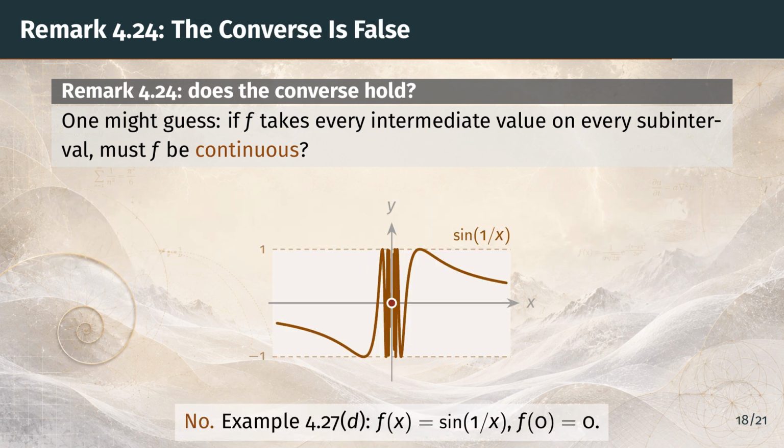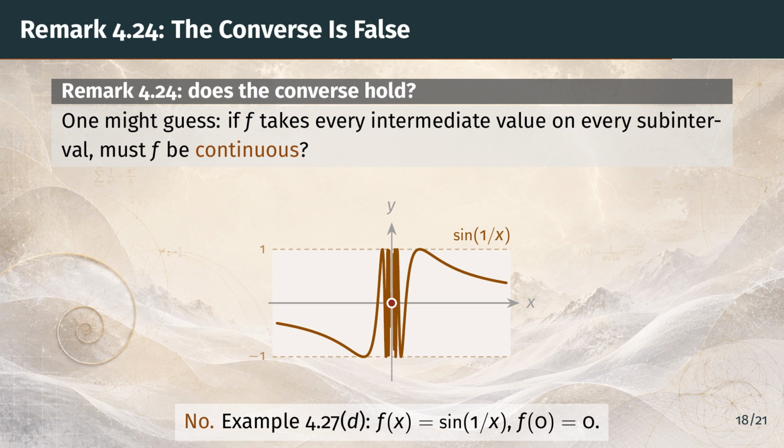The answer is no, and the counterexample is a function we will meet again. Example 4.27 Part D. Define f of x to be the sine of 1 over x away from the origin, and 0 at the origin. As the picture shows, near 0, this function oscillates faster and faster between -1 and 1, packing in infinitely many wiggles.